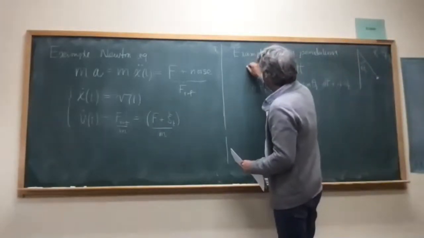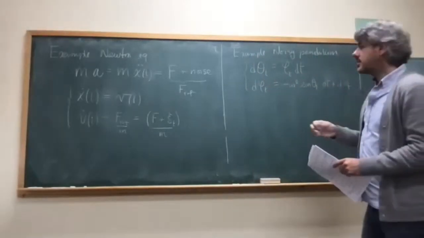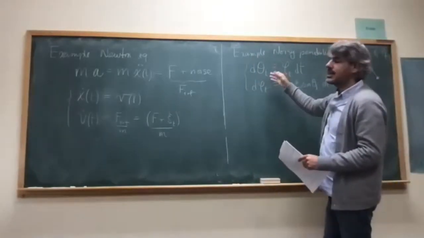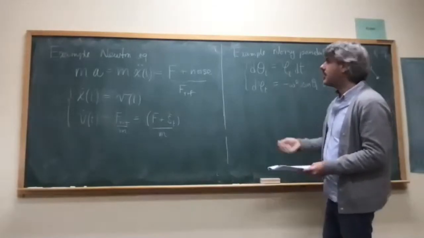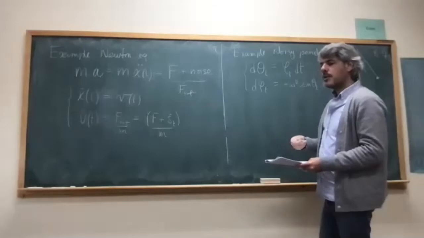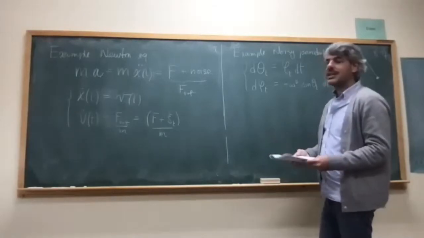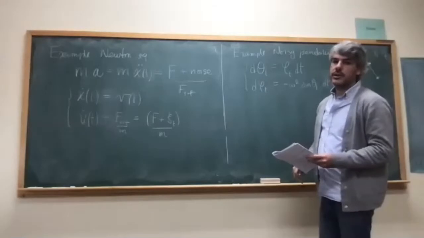Okay, and then with this, you can follow the code that I've given before for the linear system. The only difference is that you're dealing with two variables instead of one. Instead of just x t, now I have theta t and phi t. So if I write the program, I need two vectors containing the trajectory of theta and the trajectory of the angular velocity.